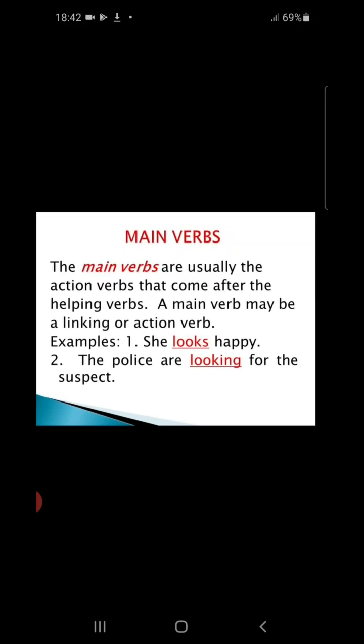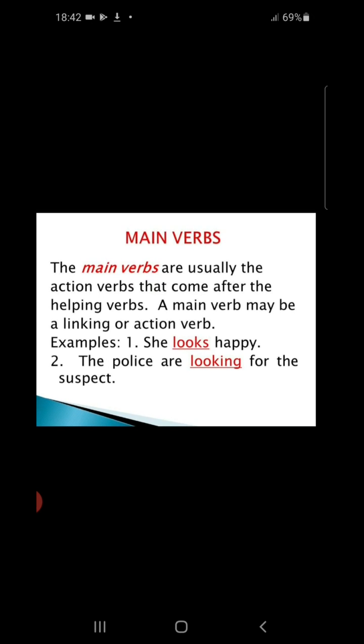Let us see the examples. She looks happy, where looks is the main verb. Why looks?